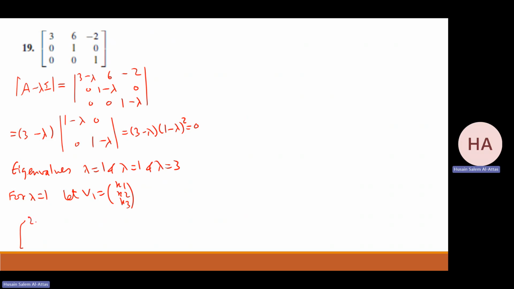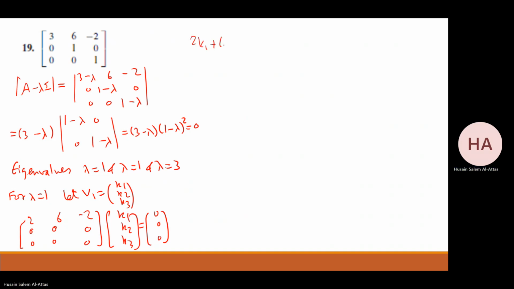It will be 2, 6, minus 2 on the first row, and with lambda equal 1 the other rows will be 0, 0, 0, and 0, 0, 0, times k1, k2, k3 equals 0, 0, 0. That means I have 2k1 plus 6k2 minus 2k3 equals 0. I have only one equation.